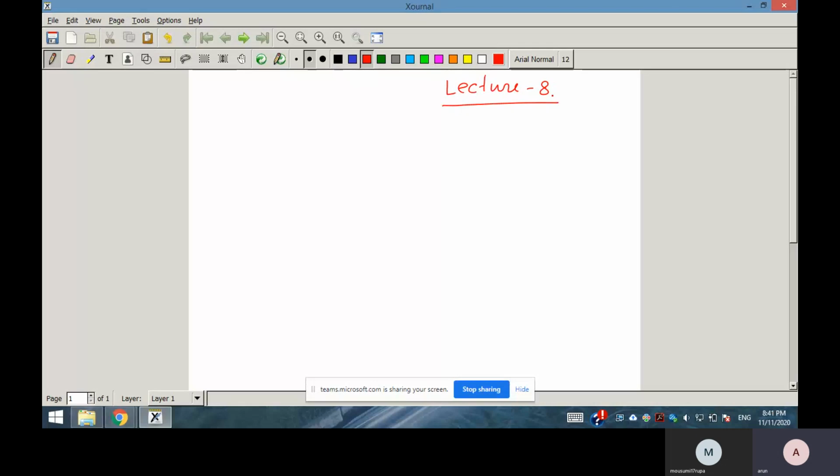And we saw that the lag, lead, and lag-lead controllers that we have designed are mostly first order or second order. Lag and lead controllers were first order, and lag-lead controllers were second order. So that method is applicable for first or second order controller design.